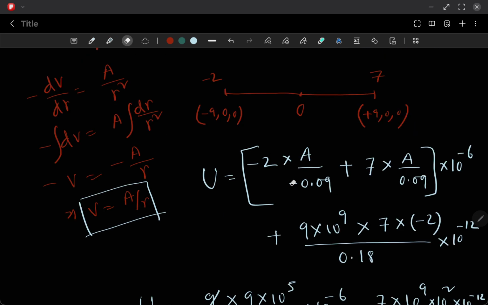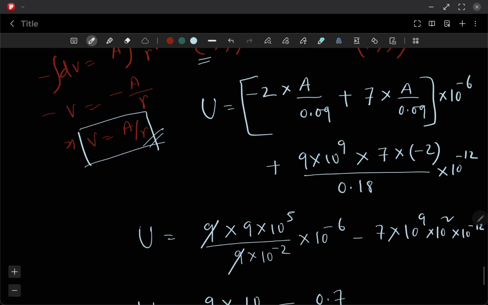Alright, sorry, I have given a minus here. This is just the distance. R is not the coordinate. It's not the X, R is just the distance. If it were a coordinate then we would have to put minus 9, but it is just the distance, so we have to take 0.09 here, so it will be 7 minus 2, that is 5.